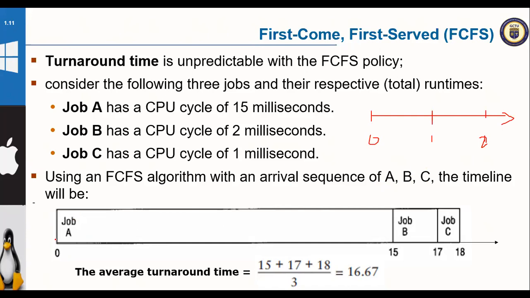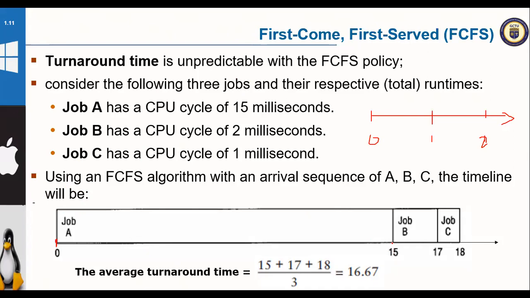So at time 0, job A is the first one that came. Therefore, A is executed first. And because it's first come, first serve, it is non-preemptive. That means A will complete its execution, all the 15 cycles. So time 0, 1, 2, 3, 4, 5, up to 15, the CPU will be executing job A.